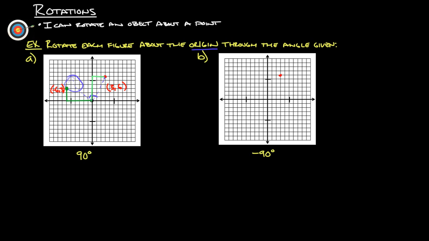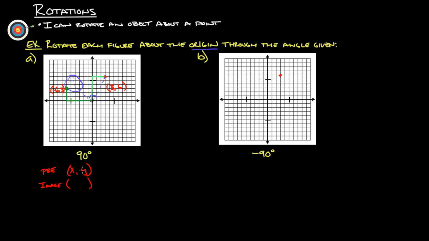All right, so if we look at it, we started with x and y. That's the pre-image, and then we also have the image here. This was when we did 90 degrees.